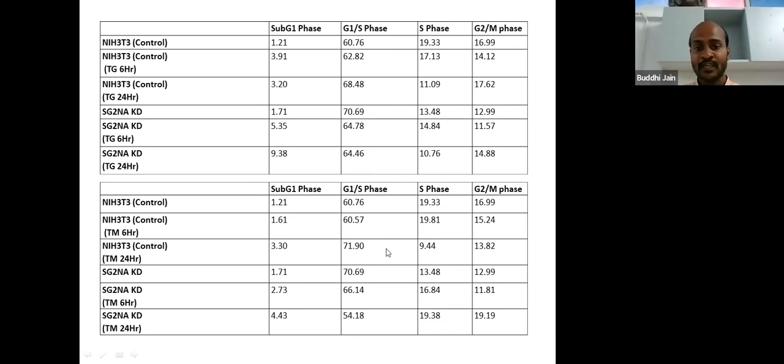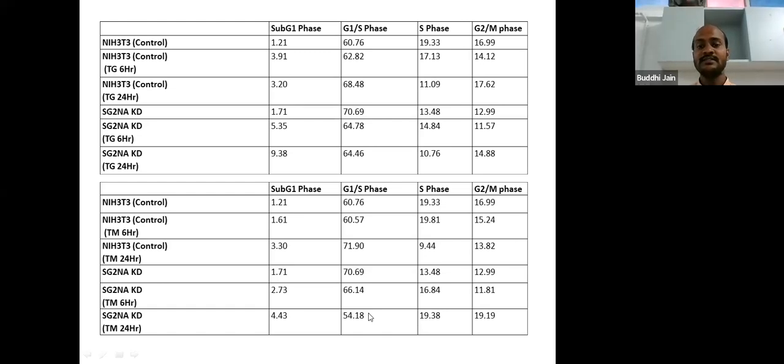Like in case of control cells, tunicamycin treatment, the 71.9% cells are present in the G1S phase, while in SG20 knockdown cells, only 55.18% cells are present in the G1S phase.